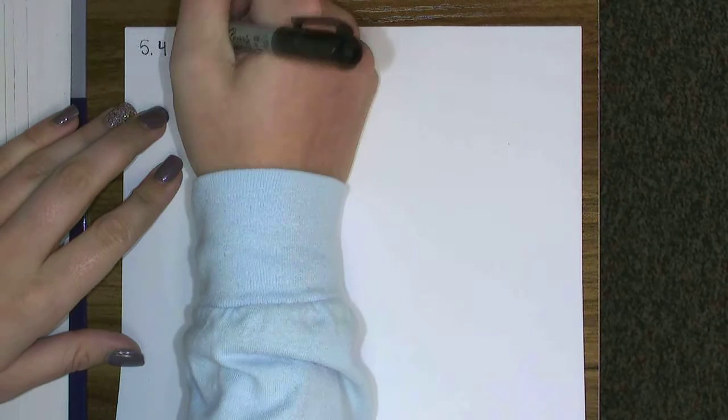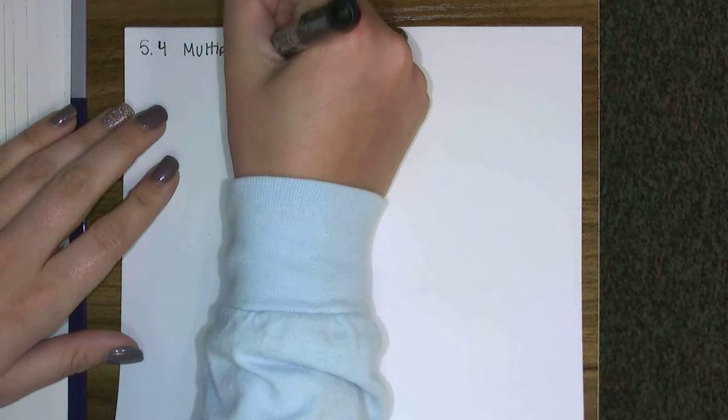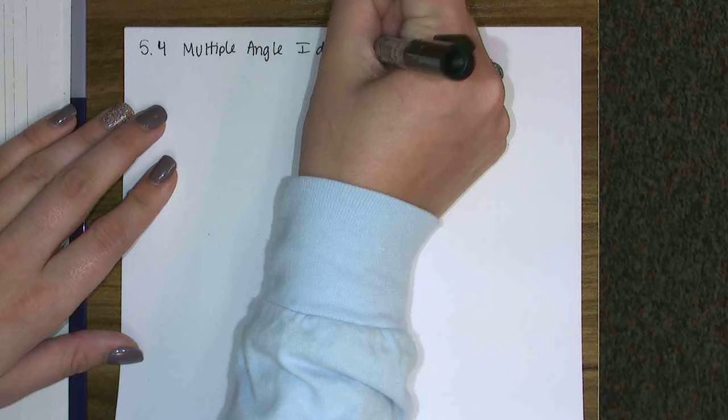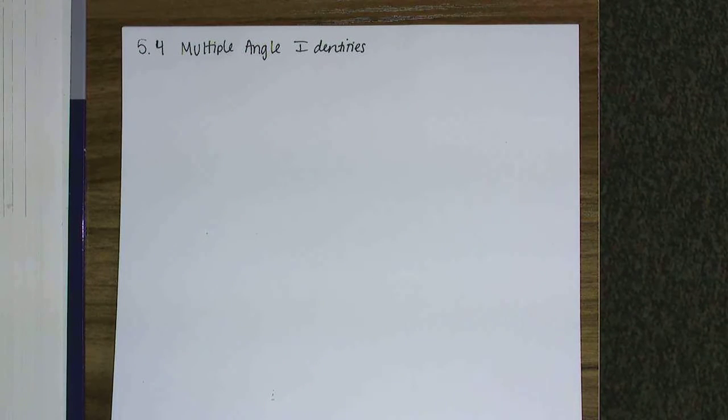This will be a little shorter, and it's shorter for a reason. This is dealing with the multiple angle identities. We're not going to do much with them. I just want you to be aware of them because they are important to know, but not something we need to spend a ton of time using at this point, with the other methods we have.